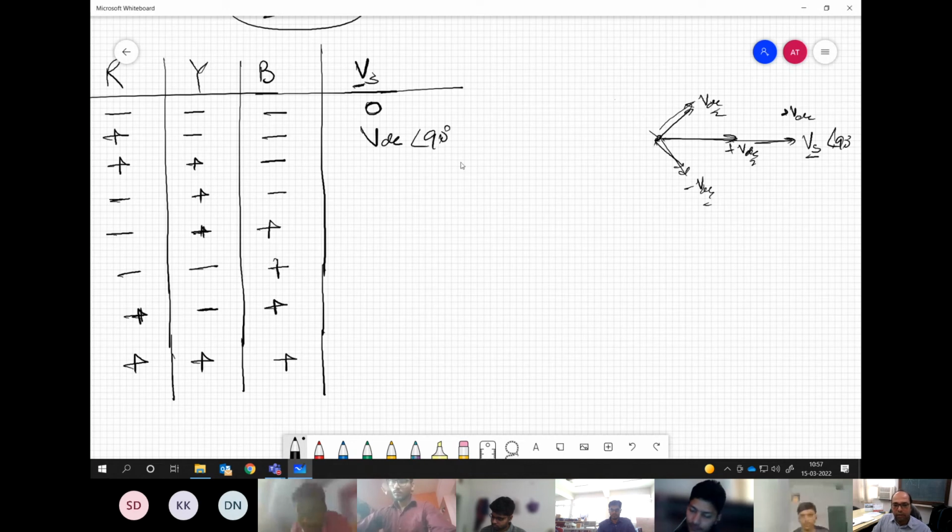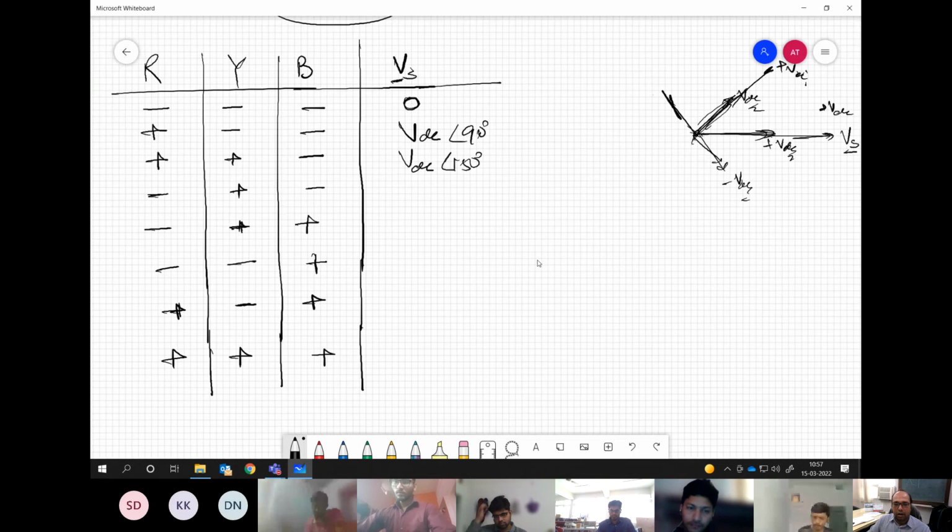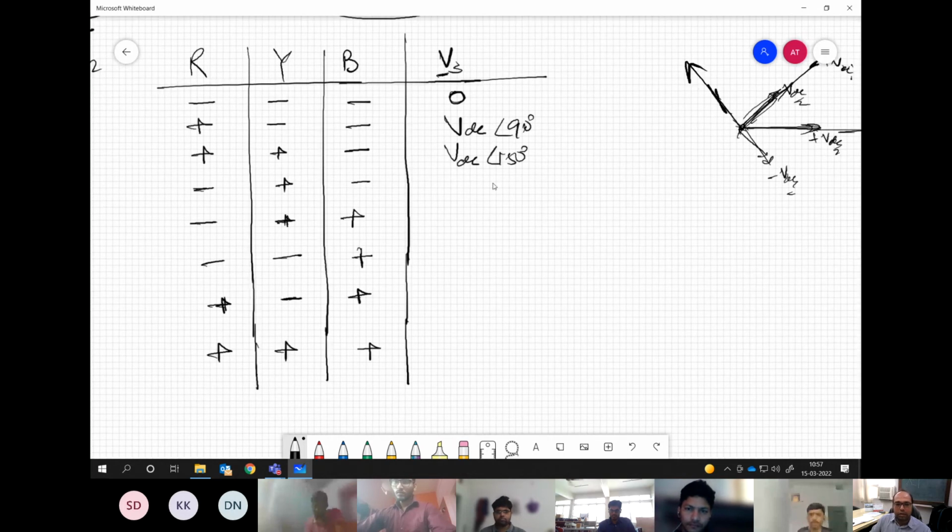Then with plus plus minus, it will come as VDC angle 150 degrees, plus along this, plus along this and minus along this. Then minus plus minus is along the y-axis, something like VDC angle 210 degrees. Then here it will be VDC angle 270.